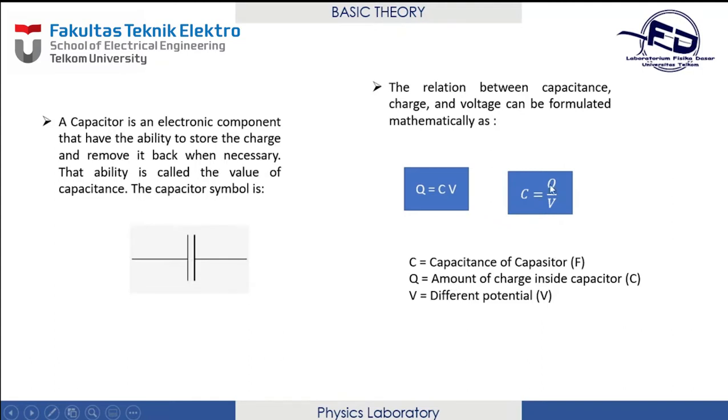And Q stands for the amount of charge inside the capacitor, and the unit to measure the value is called coulomb, or C in here, okay? And the last one is V. Of course, we all know that symbol, right? The unit to measure it is called voltage, or volt.